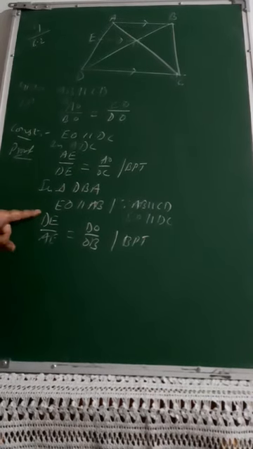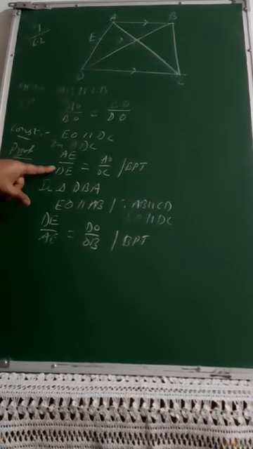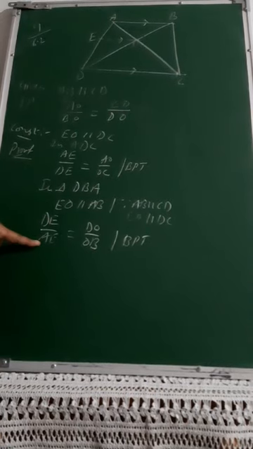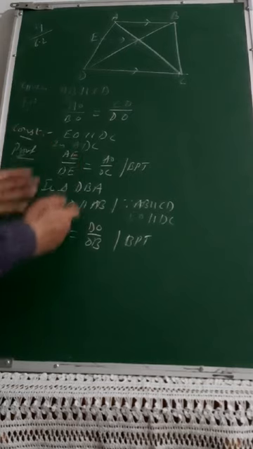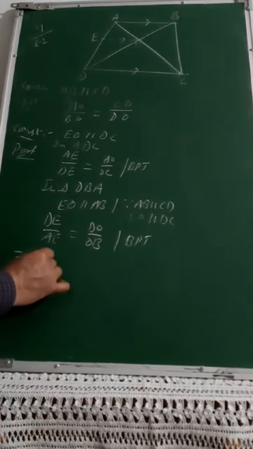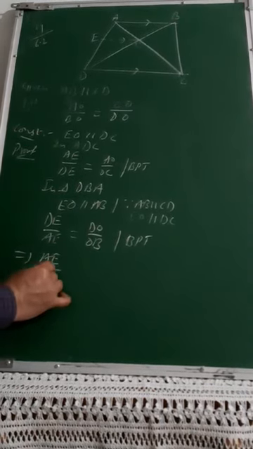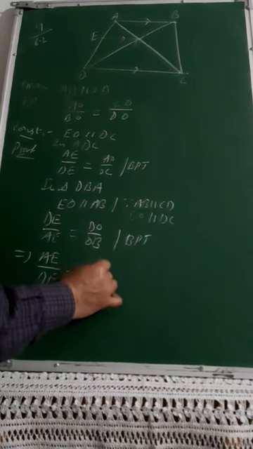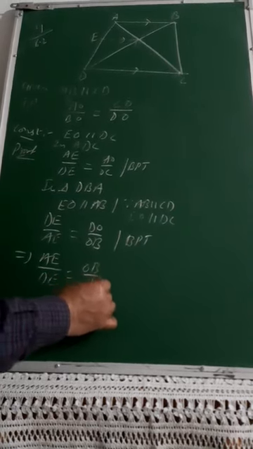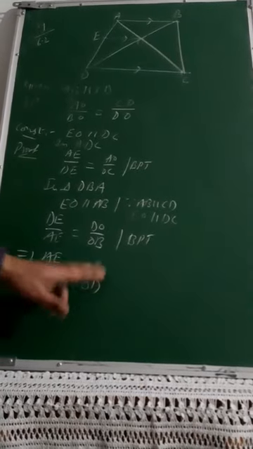So here if you see AE upon DE, this is totally the reciprocal of AE upon DE. So I can take the reciprocal just to compare the results. From here I will be getting AE upon DE is equal to OB upon OD, by taking the reciprocal.